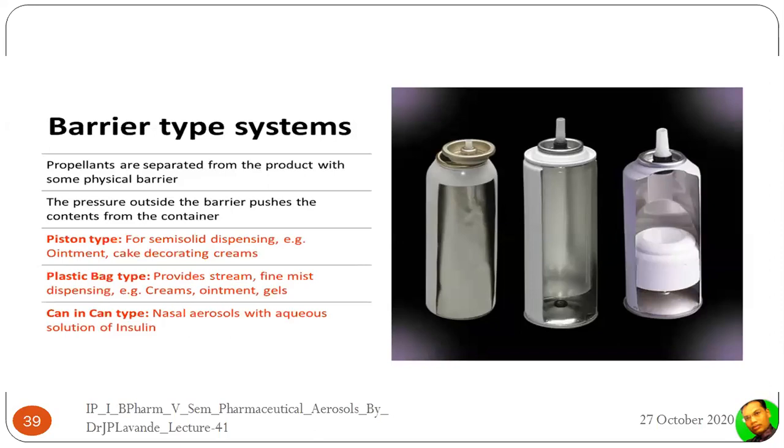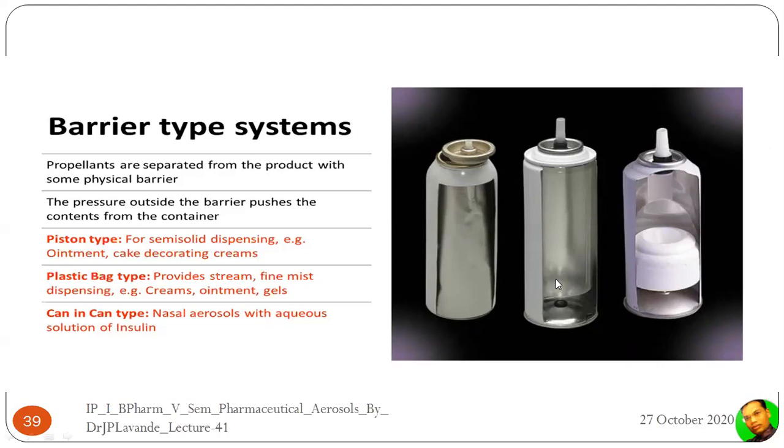Now, in case of the barrier type of system, why is it called barrier? Because the propellants are separated from the product with some physical barrier. Now, that physical barrier might be in the form of the piston type. So you can see there is a piston. There might be plastic bag type. You can see there is a plastic bag, and there is a can in can type.